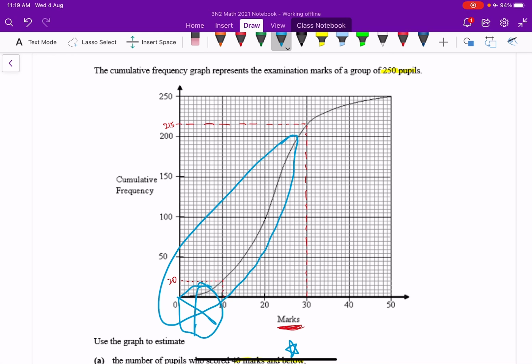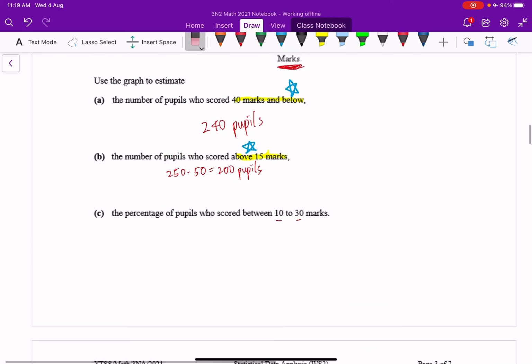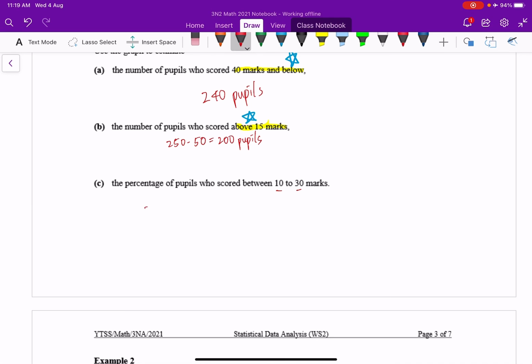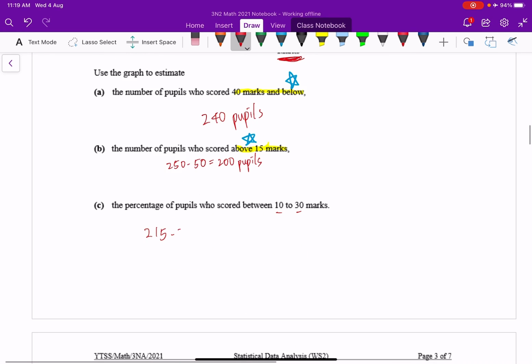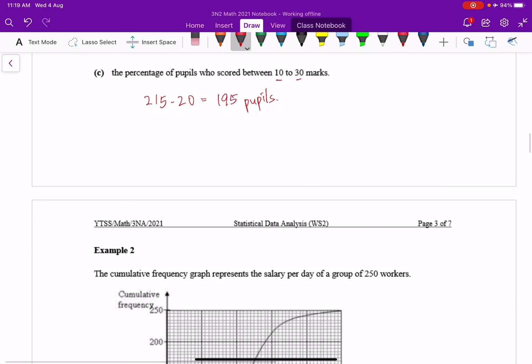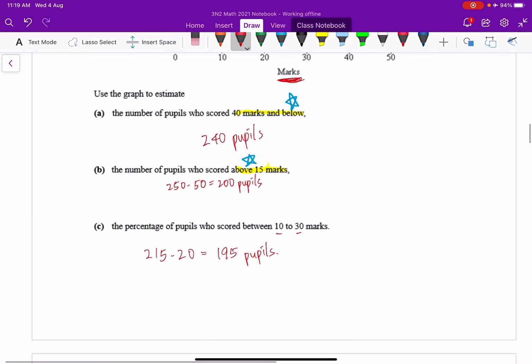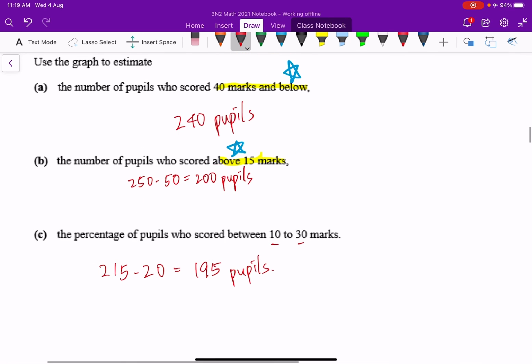So how do I calculate? I will take 215 minus 20. So in total there are 195 pupils. That's it. I want you guys to try to do the rest of the questions. Finish them first, and then you can check the answers.